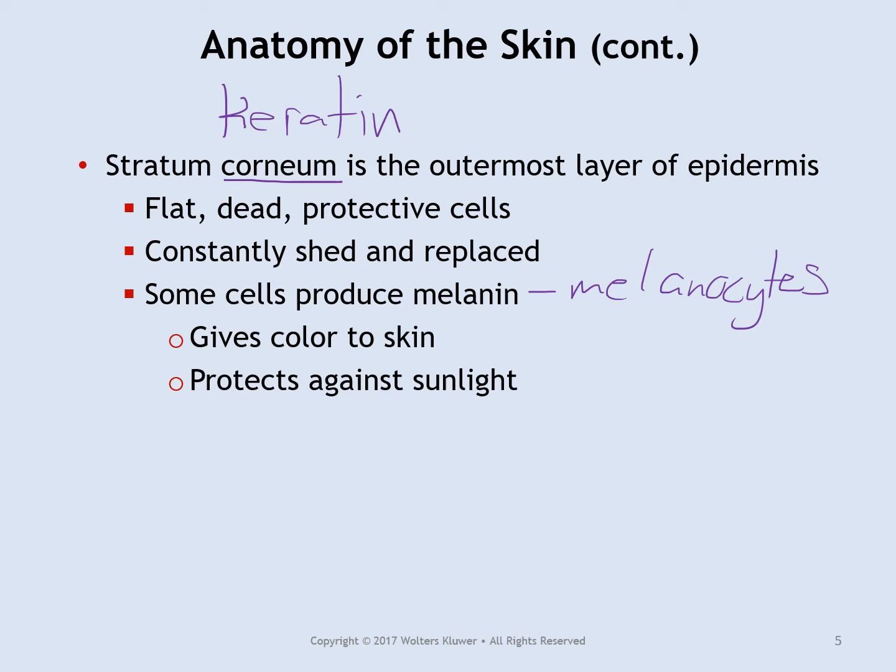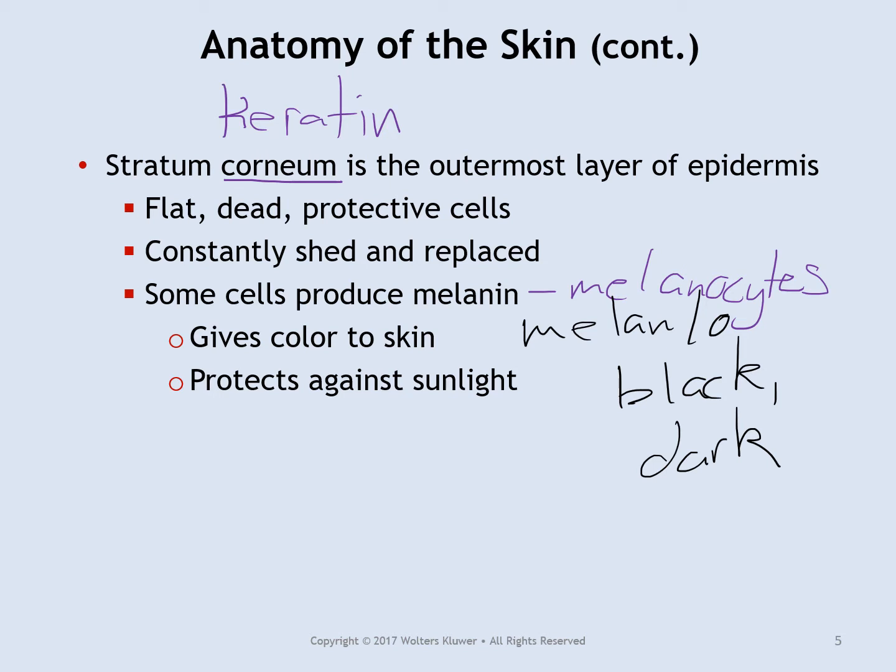So melano means black or dark. Melanin is the pigment in your skin that gives your skin its color. It protects you against sunlight by absorbing UV light from the sun and keeps you from developing skin cancer.